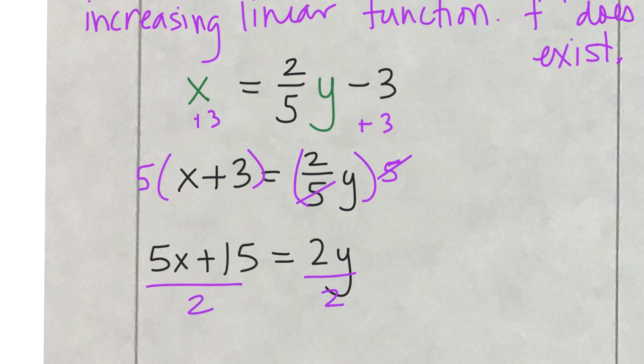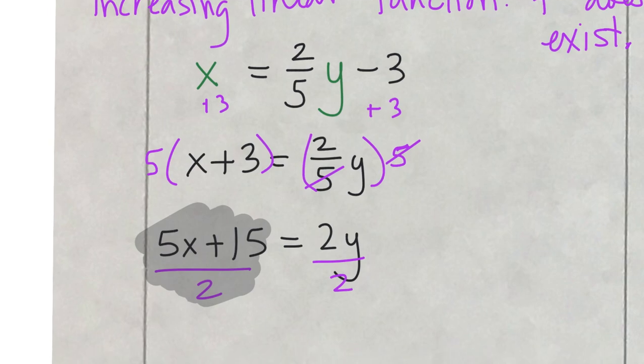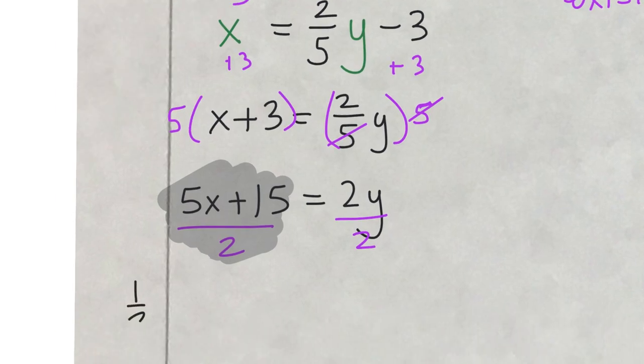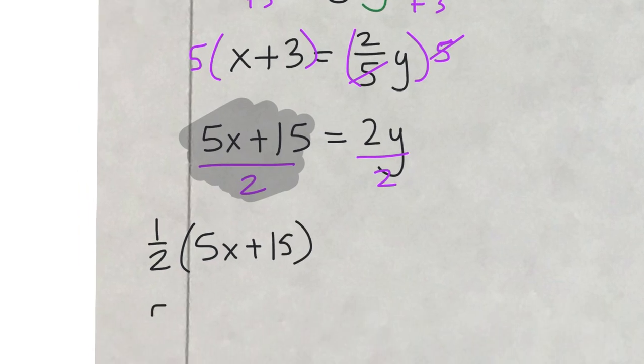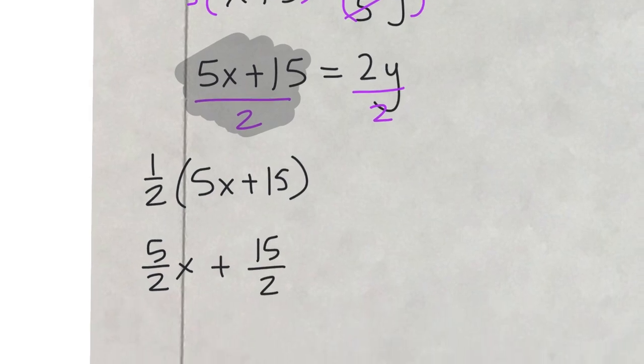There are lots of ways that we can write this. You can leave it just like that if you want to. You could bring the 2 to the front and make it 1/2 of 5x plus 15. You could divide each of these separately and make it 5/2 x plus 15/2. You could also write it as a decimal, 2.5x plus 7.5.